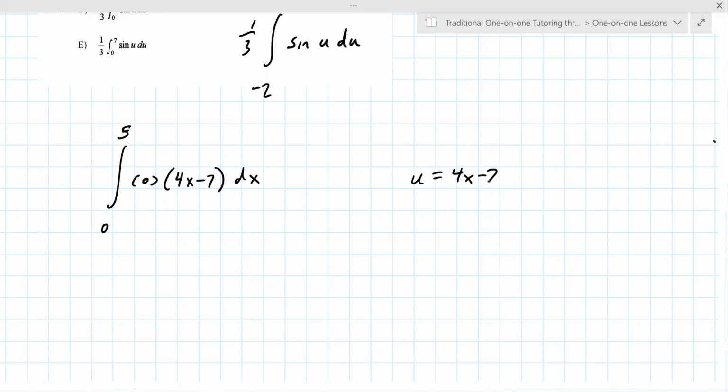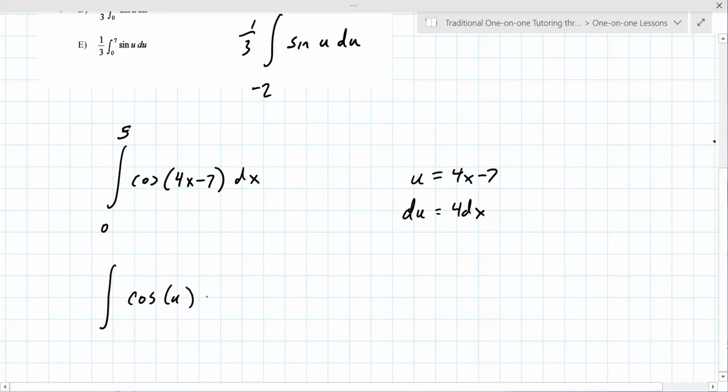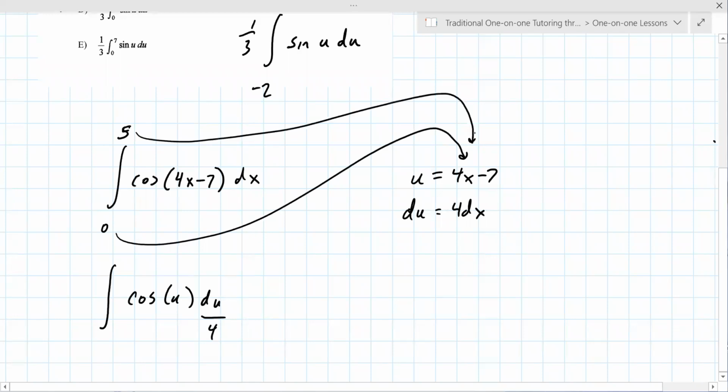Okay, so once I get to the, I put 0 to 5. Oh yeah, well, you don't change the bounds. Like that's the last part. Right, so 0 to 5 and then cosine u du over 4. Well, I'm sorry, don't even write the bounds. Okay, du over 4. And then you have to put 0 in for x and then the 5 in for x also.